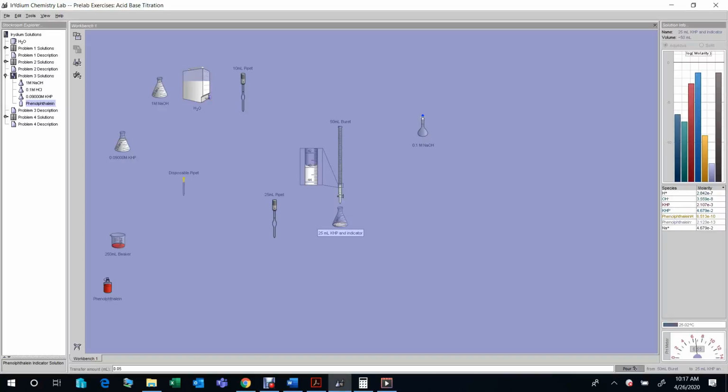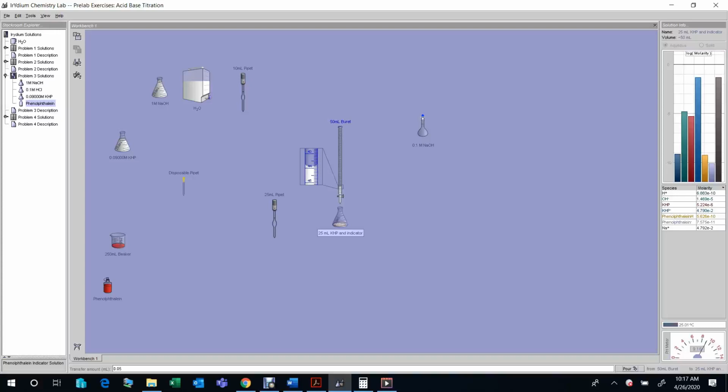I just keep adding 0.02 milliliter each time, and pay attention to whether there's a color change. You see, there's a color change. Okay, now we reach the equivalence point, and then we record the reading.